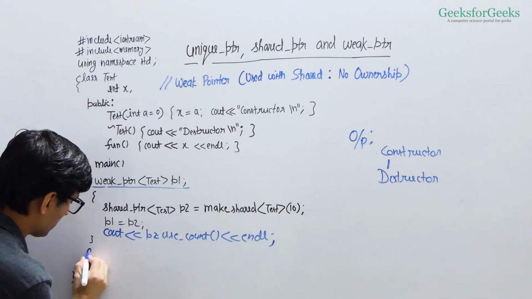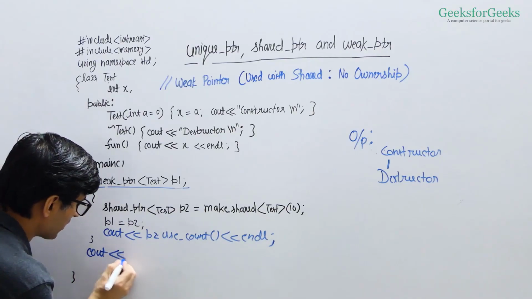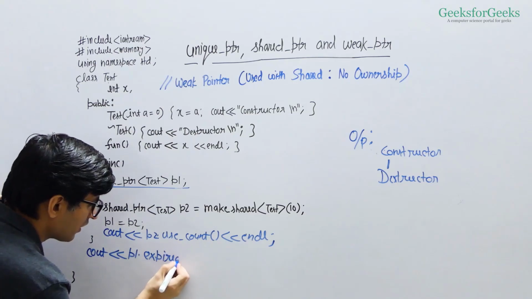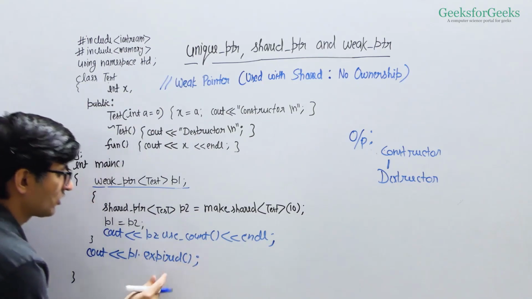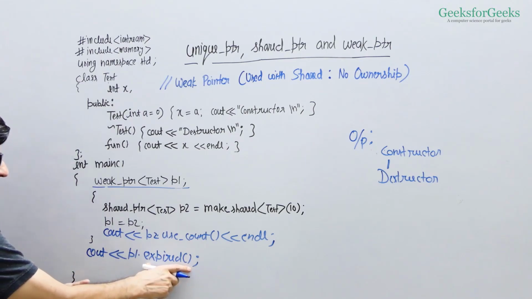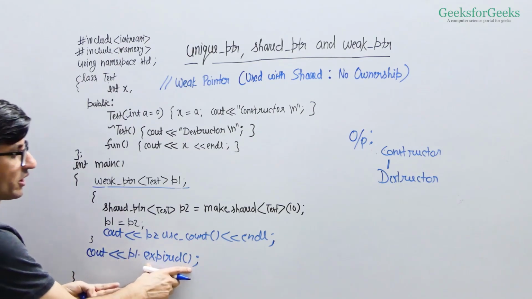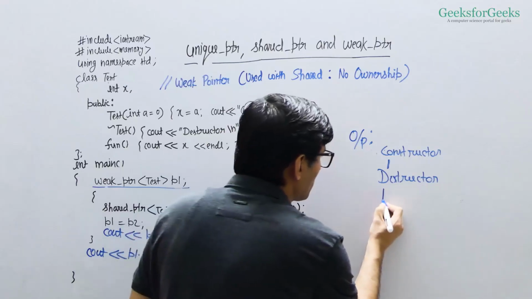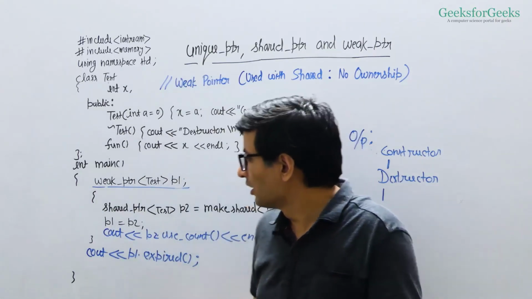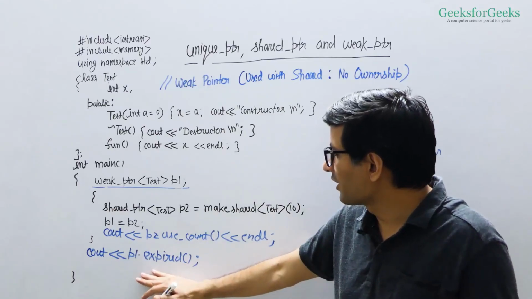Now if I call here cout p1 dot expired, I'll get the output as true. Expired function returns true if the object has been deallocated, otherwise it returns false. So I'm going to get the output as 1. The C++ compiler is going to print 1 for true. So that's what the expired function is.